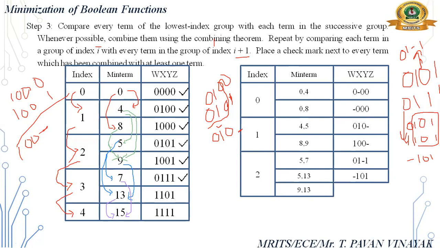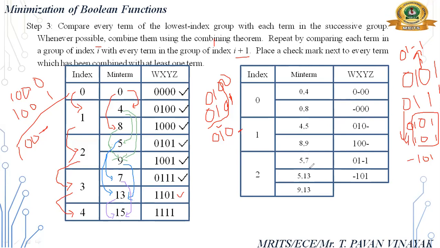So I am comparing 9 comma 13. 13 is completed, no tick mark, but compare 9 and 13 also. Even though it already has a tick mark, write 9 comma 13 once again. I am writing 9 comma 13.